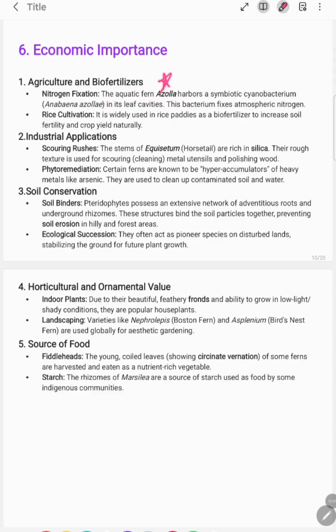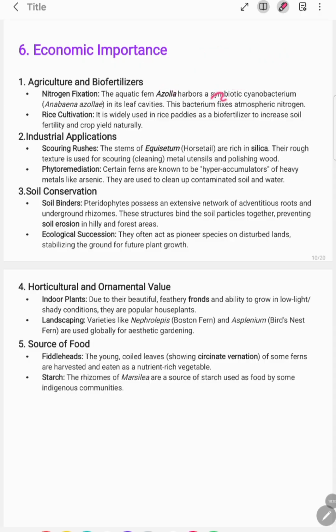Remember this name, azolla, most important. Okay, it harbors a symbiotic cyanobacteria. What is symbiotic association? The association between two organisms in which both are benefited.